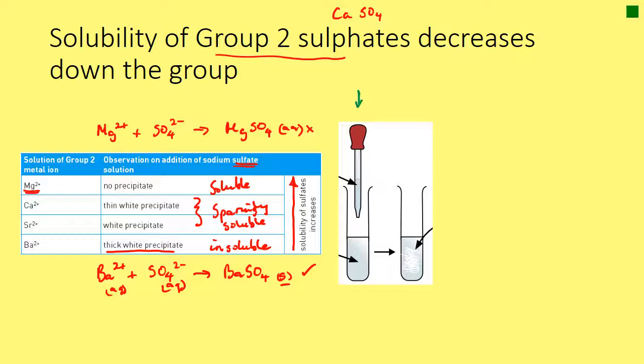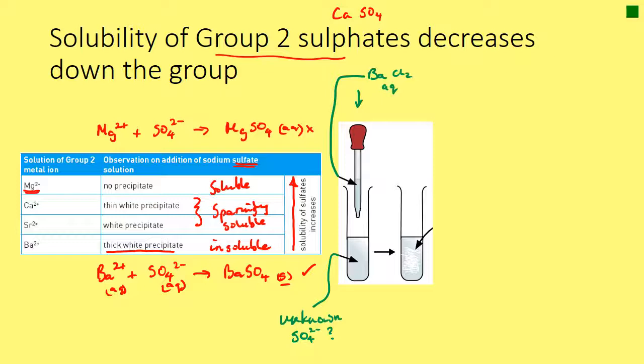Let's say you've got in here the unknown chemical. You think it might contain a sulfate. You suspect that it might contain a sulfate. And so what you do is you're going to add to it from here a few drops of barium chloride.